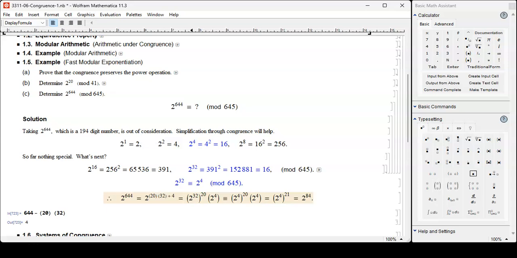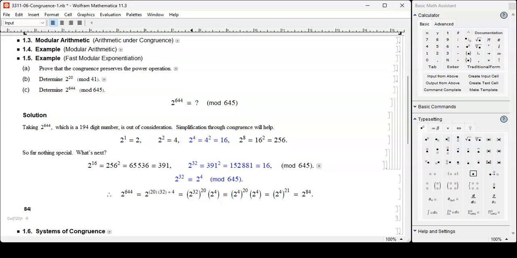84th power, let's see, I can reduce it further with division by 32, yeah? So 84 is 2 times 32 plus 20.